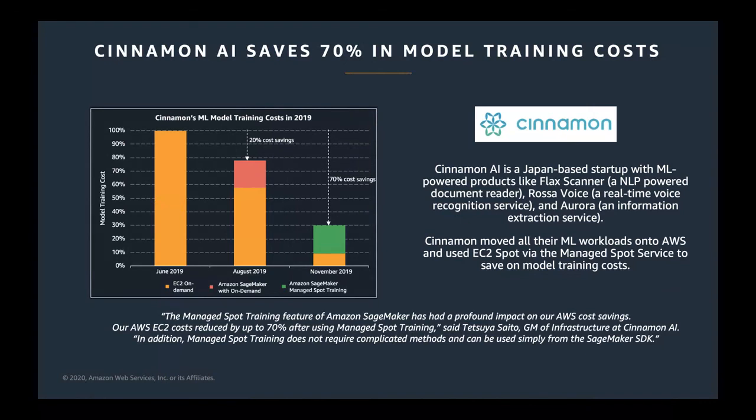The SageMaker team has a dedicated team who have optimized the algorithm for you. That means it takes less time to complete those things. So using the same algorithm, which is optimized, you save 20% on top of that. And then using managed spot training, they are saving up to 70% of the earlier cost actually, which is a huge amount of money if you see how much money goes into machine learning training.